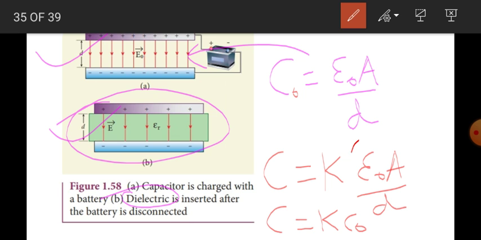This is the original capacitance. So now what is K here? K is the dielectric constant, which I have explained in the first video. I hope you are aware of what the dielectric constant is. Each and every material has its own dielectric constant. So when you insert a dielectric slab inside, its ability to hold charge, its capacitance, will increase.